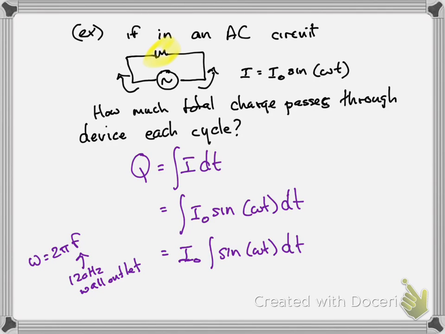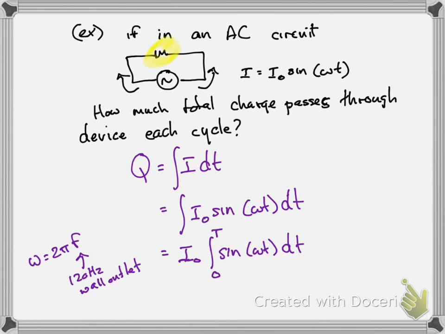So it doesn't matter what omega is, because what I'm asking is for one full cycle. The cycle depends on omega. And so in order to do this integral, we do need to know the limits, 0 to t. One full cycle is one full period. So we need to go from 0 to t, where t is the period.